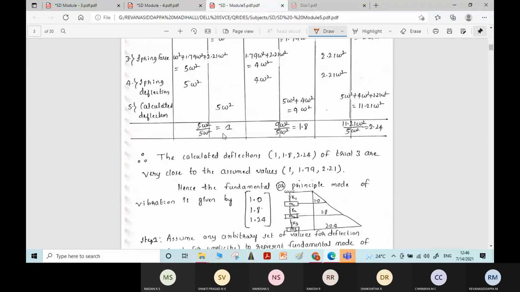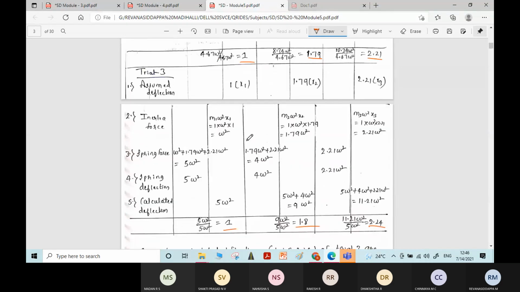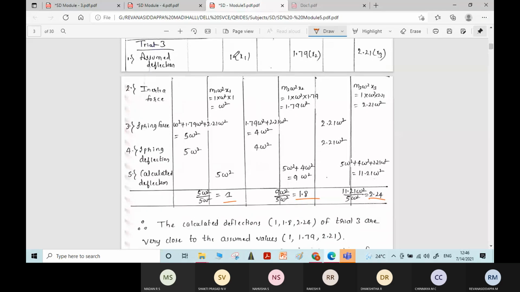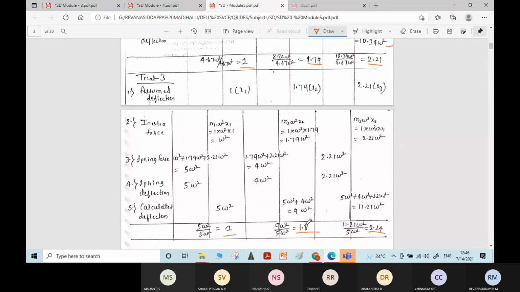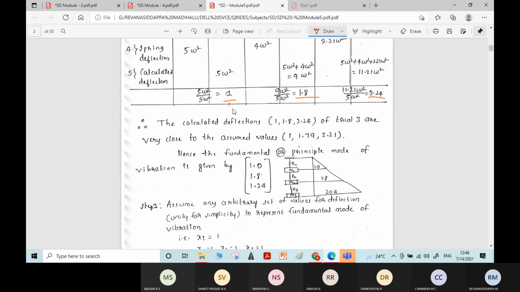Finally you will get one more set of deflection values: 1.8 and 2.24. Comparing with these values, they are almost near, 0.01 difference, 0.03 difference. You can stop here and take these as the final answers.